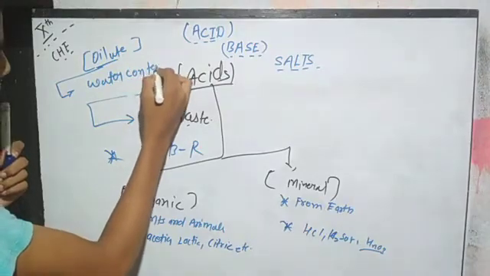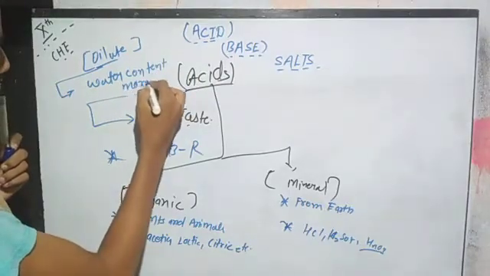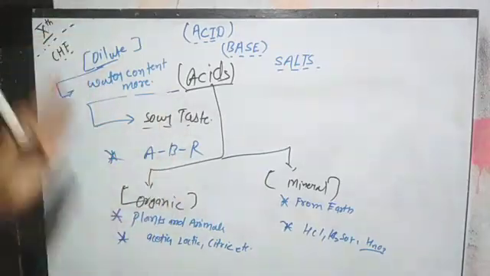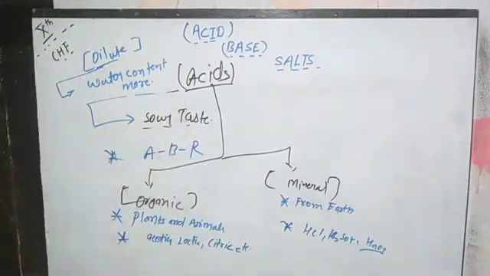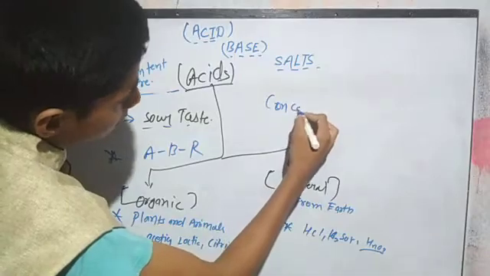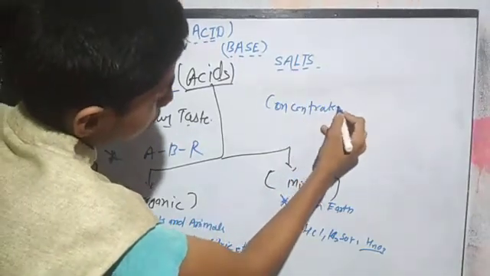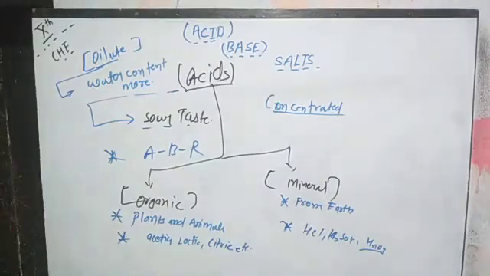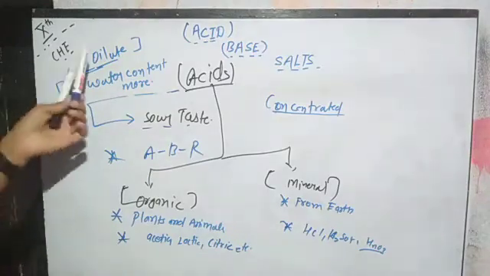In our general solutions, whenever we make a strong solution, the water is less, so we can say it is a concentrated solution. What do you mean by concentrated solution? A type of solution where the water content is less is known as concentrated solution, whereas a type of solution where water content is more is known as dilute solution.